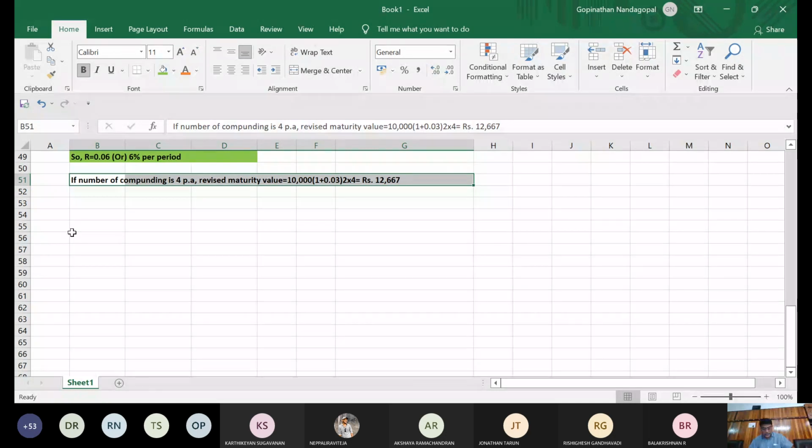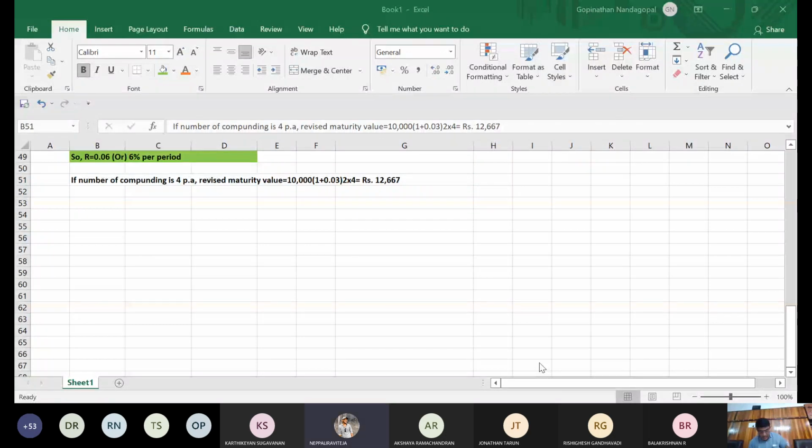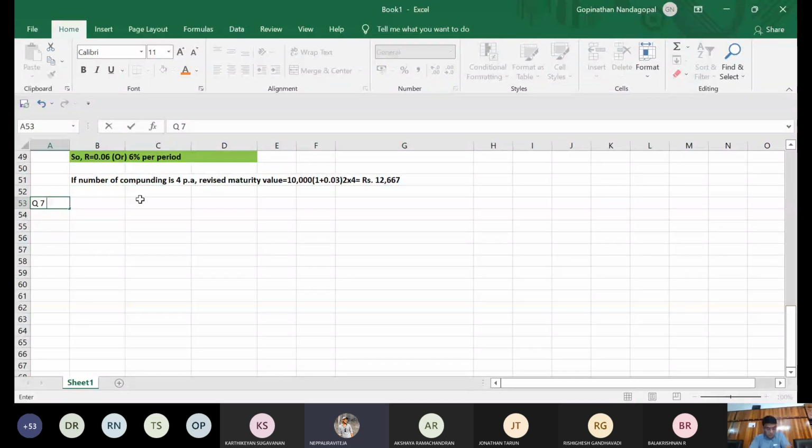Ravi Teja, can you read question number 7? Yes, sir. A person opened an account in April 2020 with a deposit of rupees 80,000. The account paid 6% interest compounded quarterly.